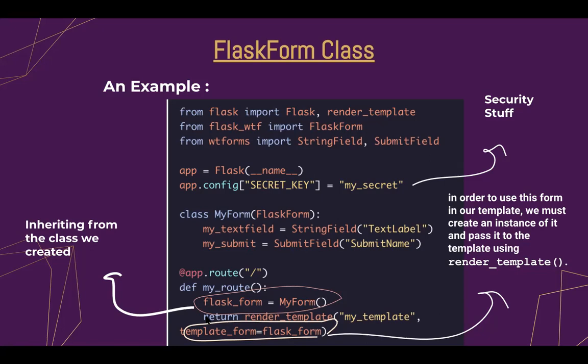In order for the user to see the logic, we use it in the front end, meaning templates. So I'm storing Flask Form, which is an instance of my form, inside of a new variable called template form. And since I'm rendering the template, I can use this inside of my template.